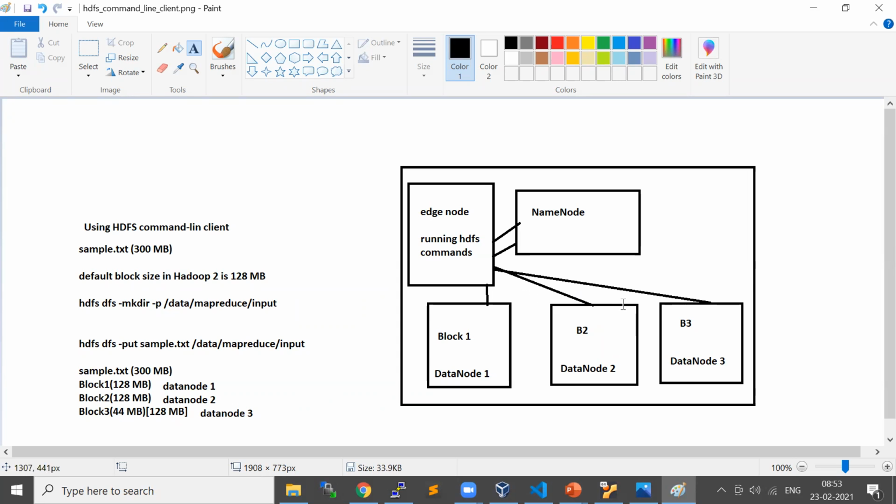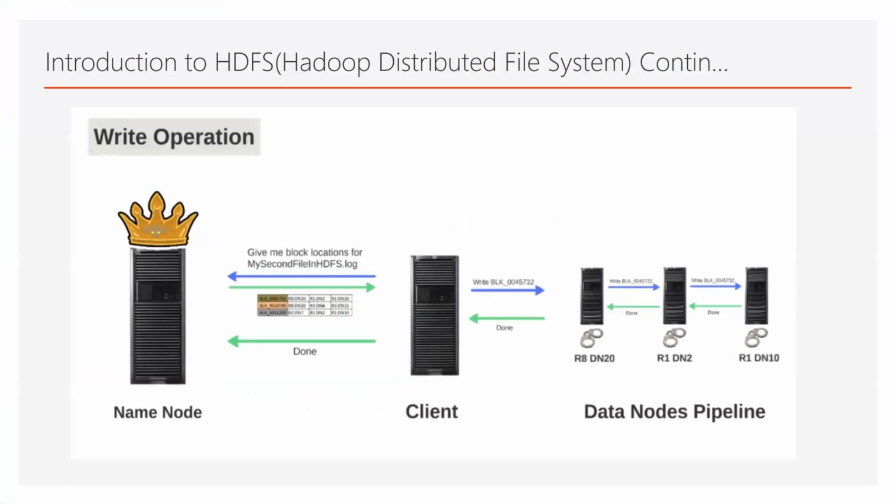That write happens in parallel to get better performance. And then there is the replication. The first copy of block 1 is stored on data node 1.